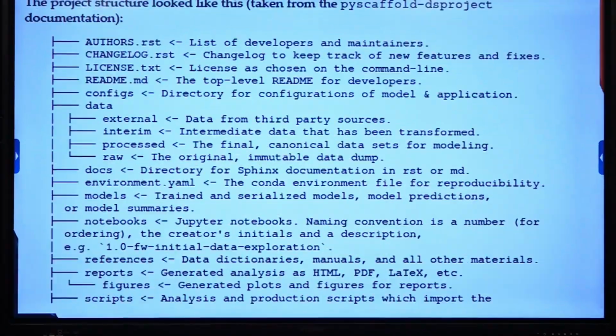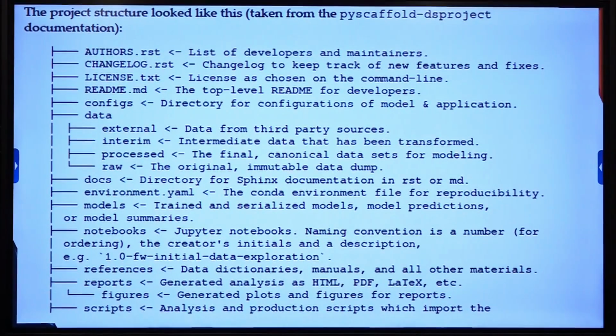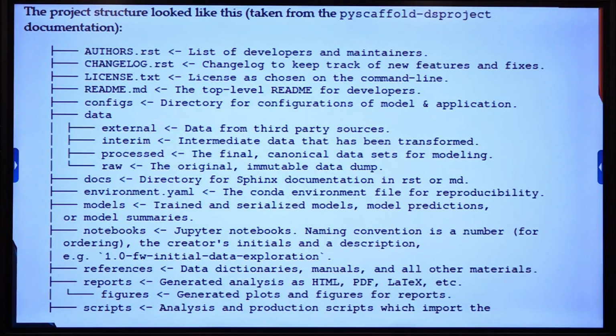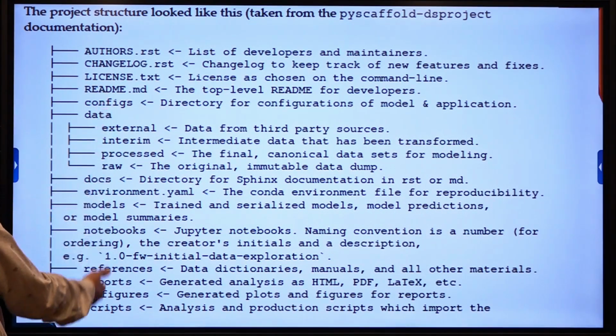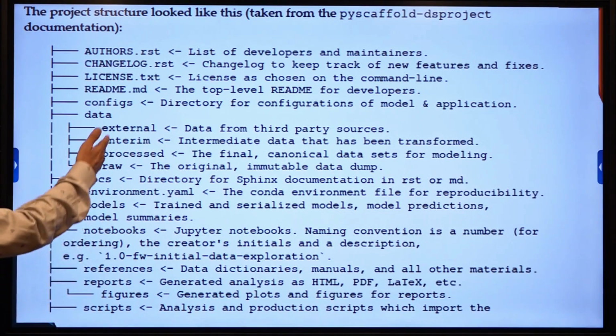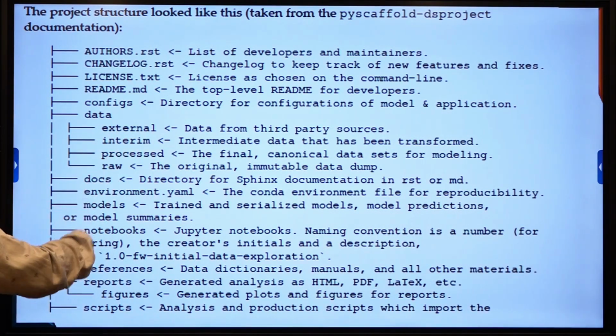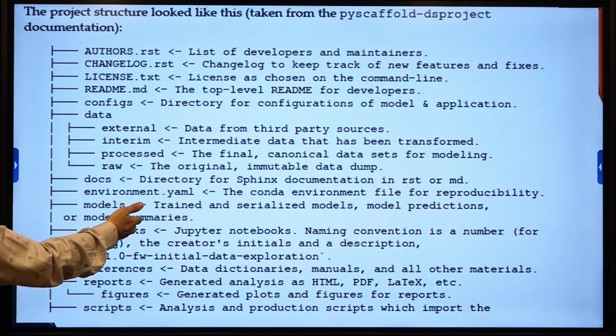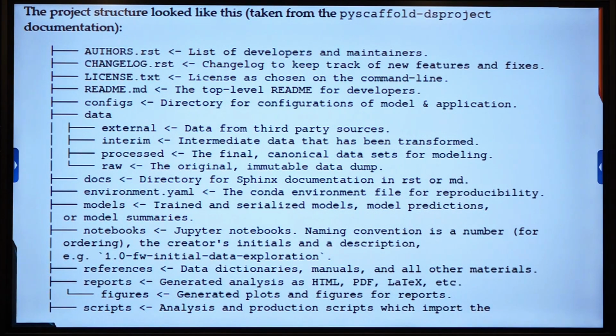When you employ the project, we have all the Linux library, authors, changes, license, readme, config, data, external, interim, processed, raw data. We have already seen this in earlier sessions. Then environment, model, notebook, all these things we have seen earlier. So these are all taken from the library function.